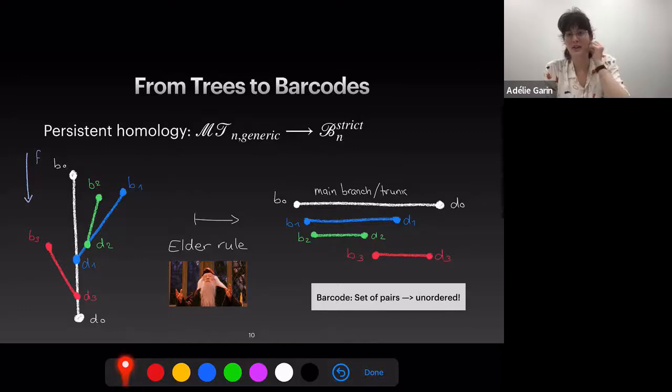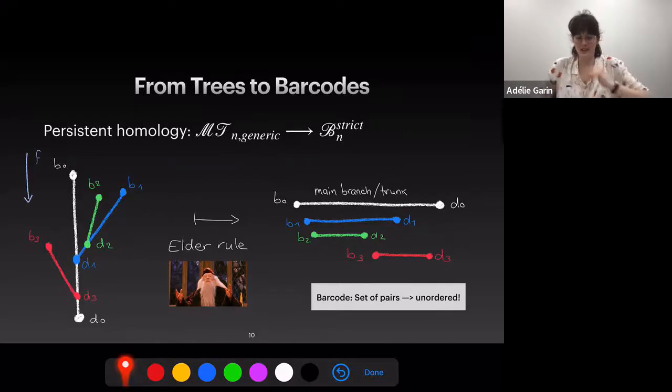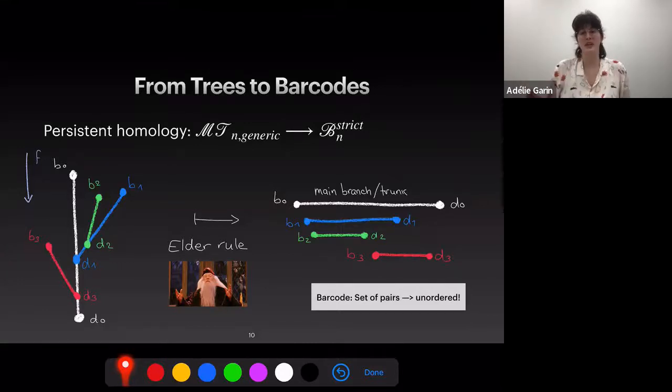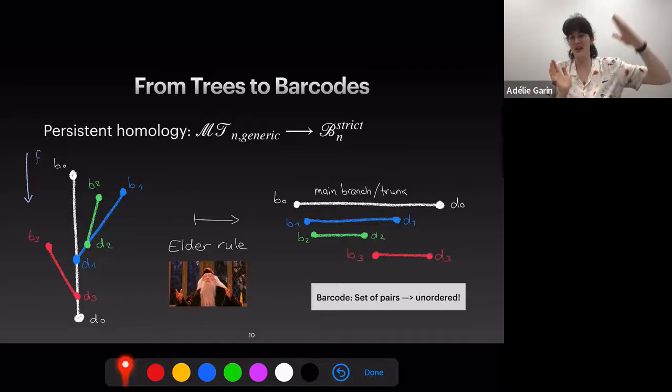That's exactly what this tree realization number gives you. This is the relationship with the symmetric group. If you have the identity permutation, then going from a tree to a barcode, you lose no information because you know that all the bars have to be attached to the main branch, the trunk.